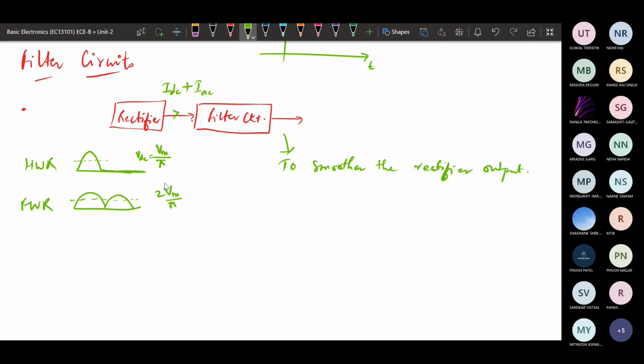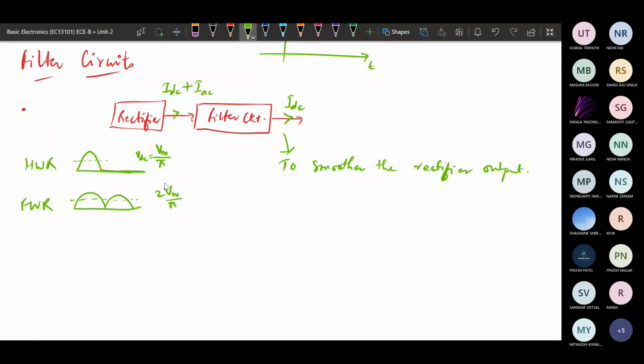It could be current or voltage. If it is current, it has a DC component as well as an AC component, even after applying the rectifier circuit. Our motive in the filter circuit is to have only the DC component, so we are going to filter out the AC part of the rectifier output.